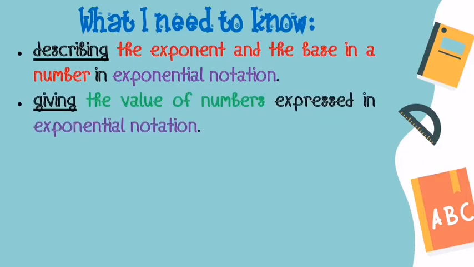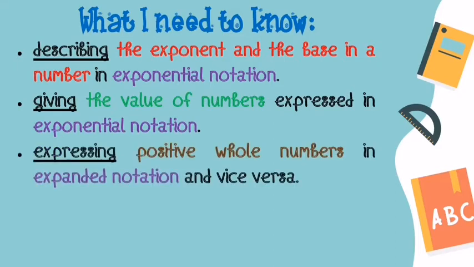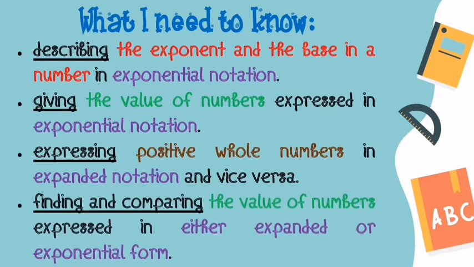Second, to give the value of numbers expressed in exponential notation. Third, to express positive whole numbers in expanded notation and vice versa. And fourthly, to find and compare the value of numbers expressed in either expanded or exponential form.